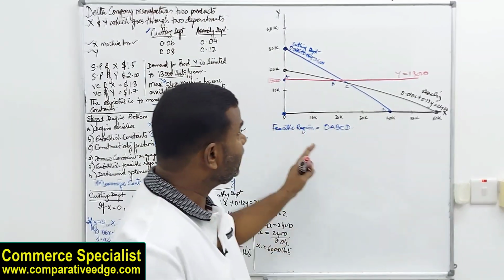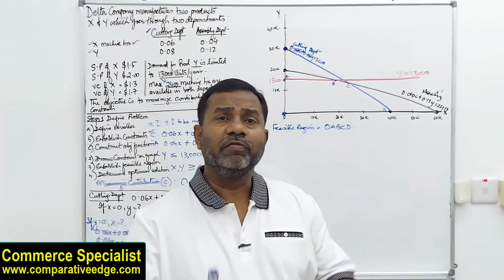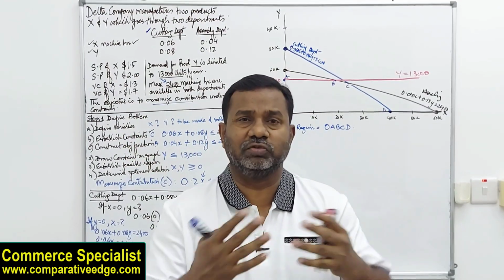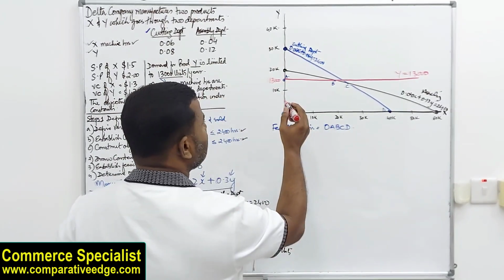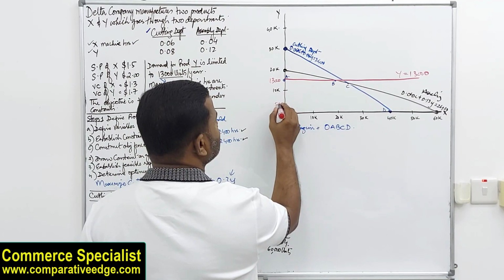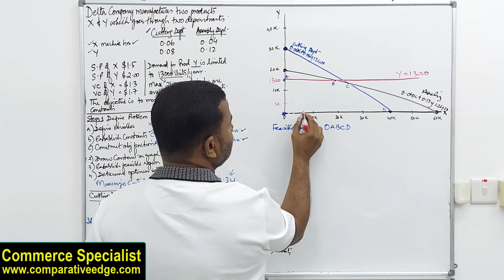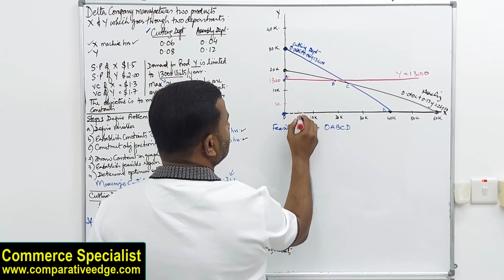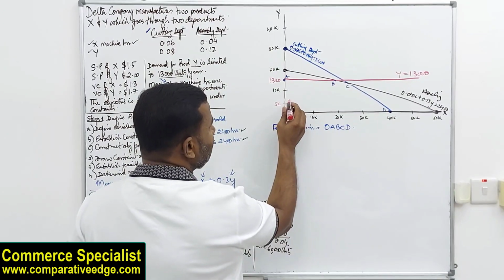So we are doing the graphical method. This is a graphical method, as you can see. So we have to start off with some assumptions, which means trial and error. I'm just assuming here, let's say we are talking about 5,000 units of Y and 5,000 units of X. So look at this line.